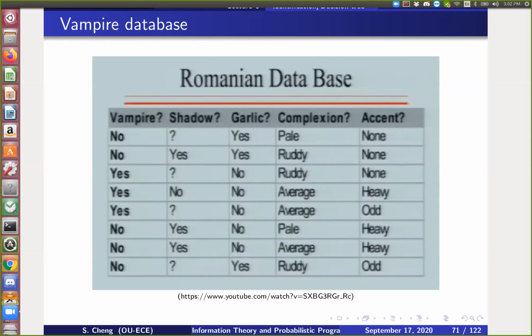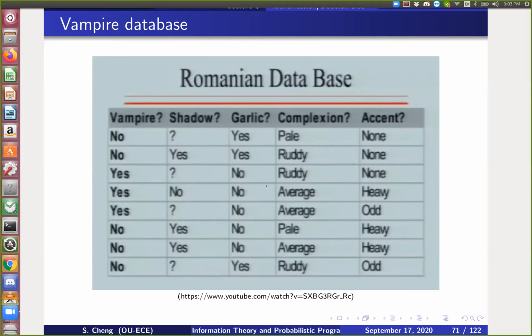For example, the first one is not a vampire. For the feature shadow, it's not clear whether he has a shadow or not. He's afraid of garlic, has a pale complexion, and has no accent, and we have the second data point like that. So apparently this is a classification problem.